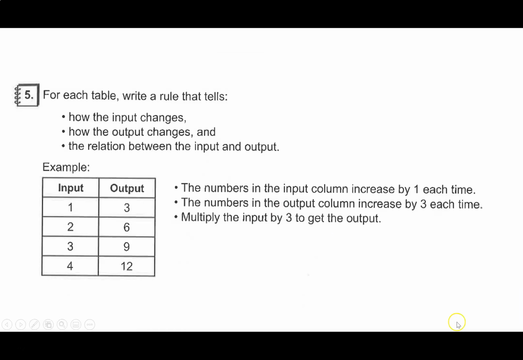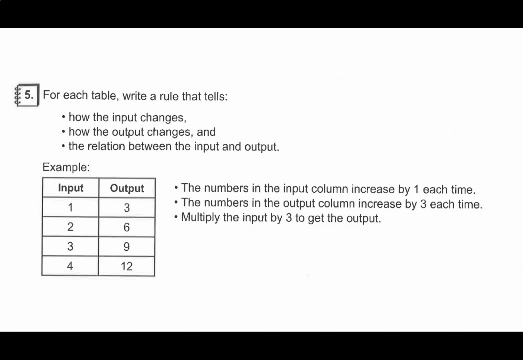Question 5. This section of question 5 is the instructions. We will read this together and try part A. It says, for each table, write a rule that tells how the input changes, how the output changes, and the relation between the input and the output. That's a lot.